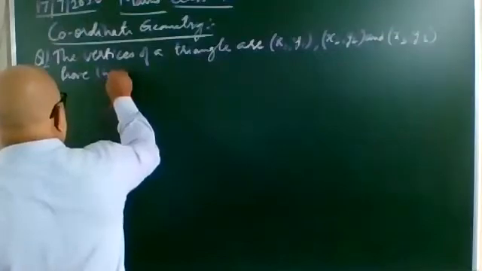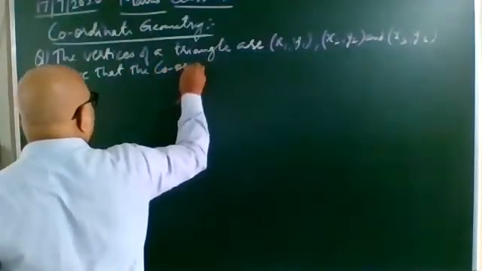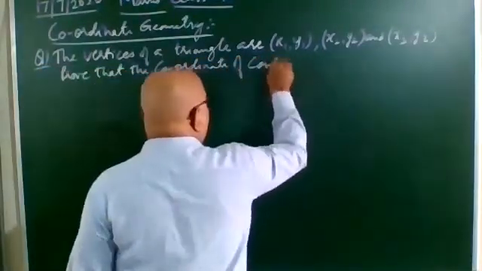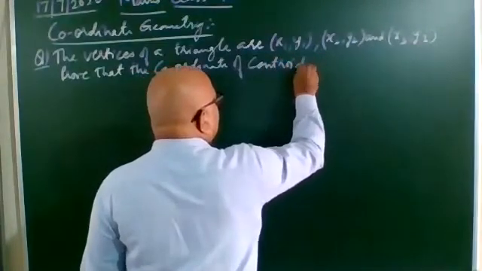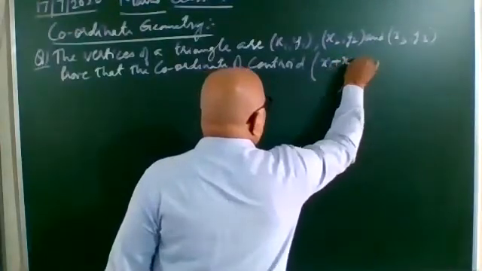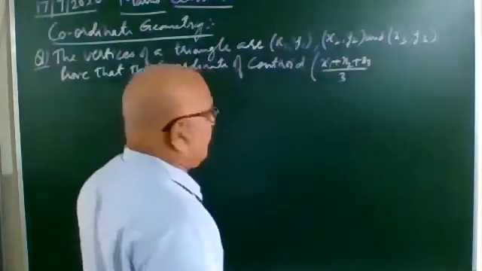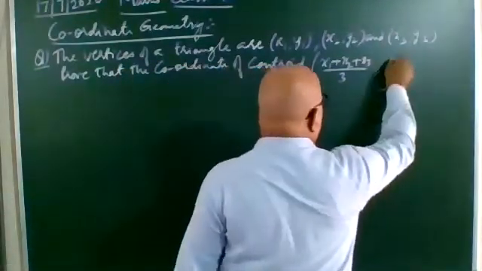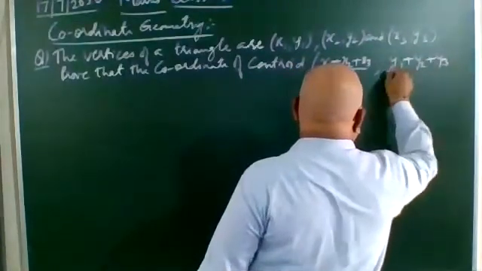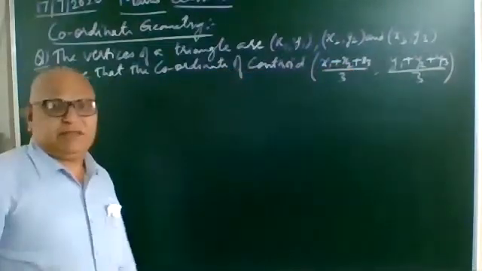Prove that the coordinate of the centroid is (x1 plus x2 plus x3 upon 3, y1 plus y2 plus y3 upon 3). This you have to prove.